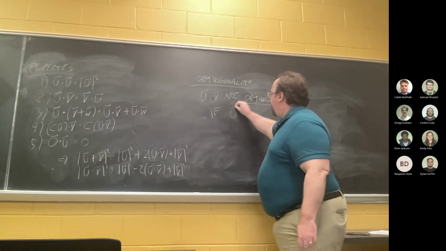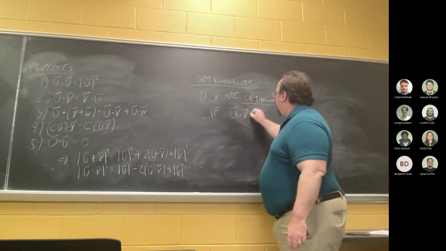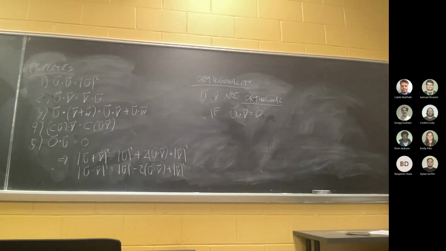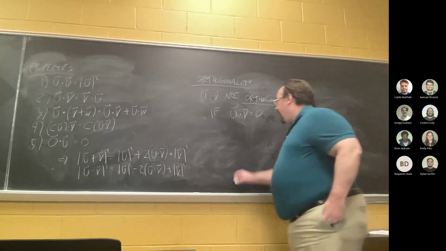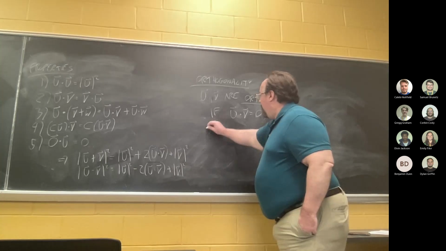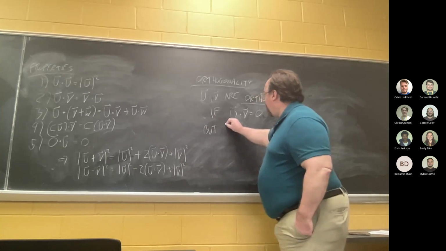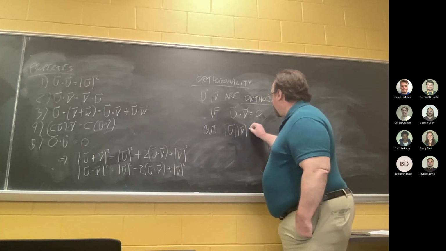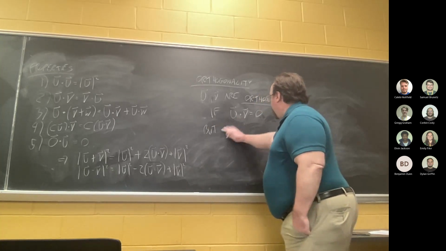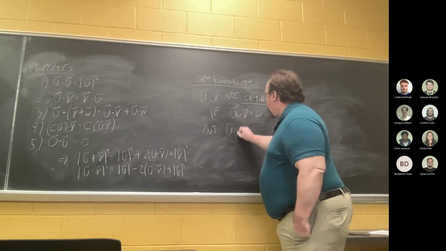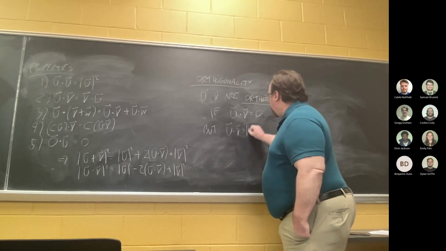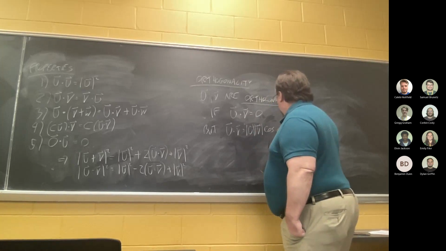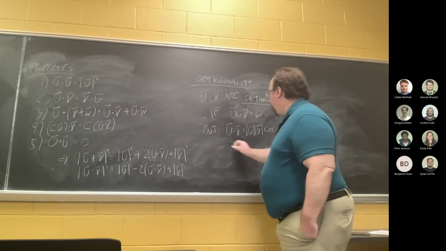If the dot product is zero. But what that means is, we also have the other formula for dot product. If we keep in mind, it's equal to the magnitude of u, magnitude of v, cosine theta.